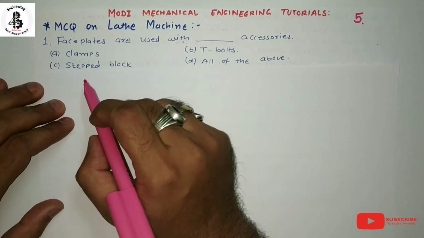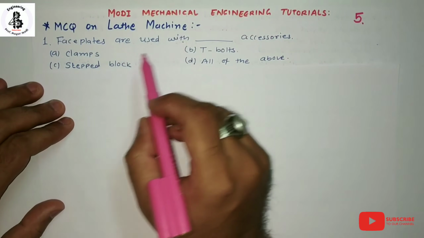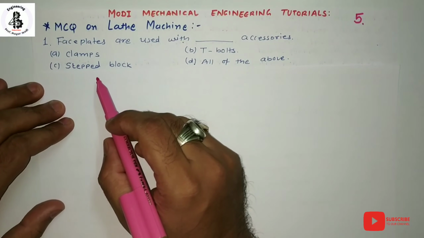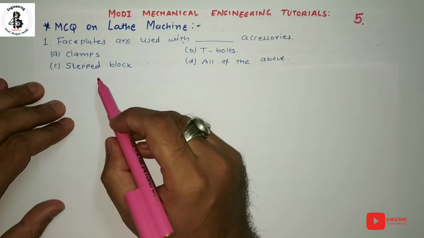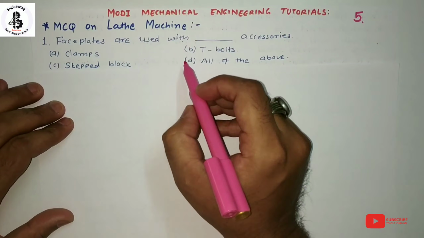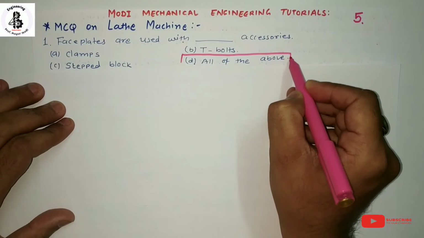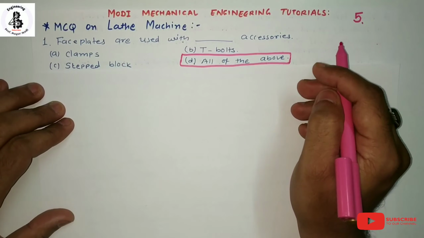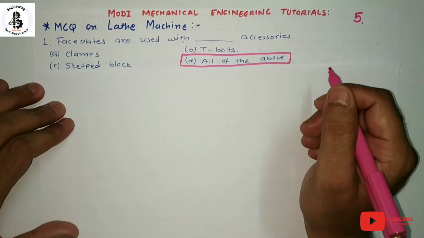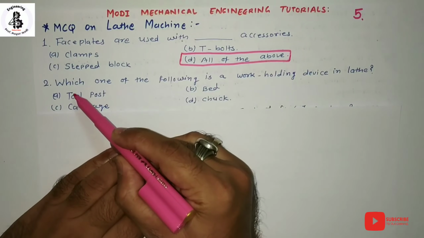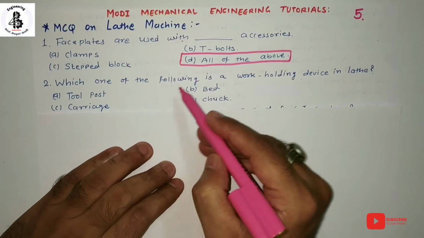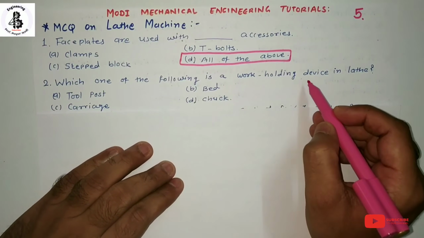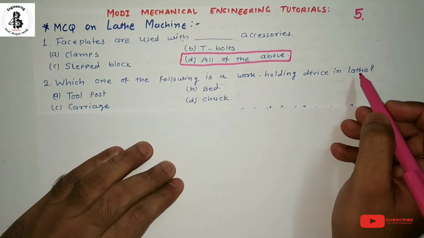You can see all the options A, B and C are possible accessories. So according to this question, the answer is D, all of the above, which are used as accessories with the face plates.